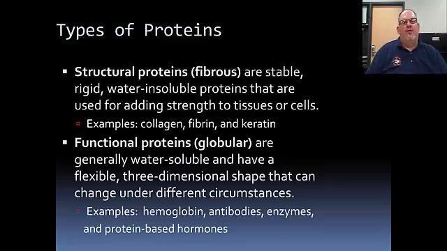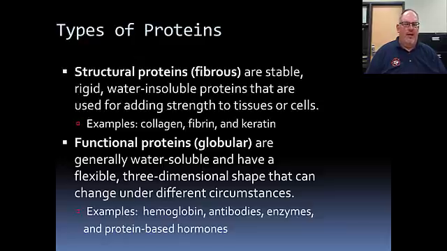Types of proteins: we have structural proteins, which give structure to cells. They give structure to the body. They make up things like tendons, ligaments, and a lot of the connective tissue throughout the body. These are very stable, very rigid, water-insoluble proteins, and they give strength to tissue or cells.